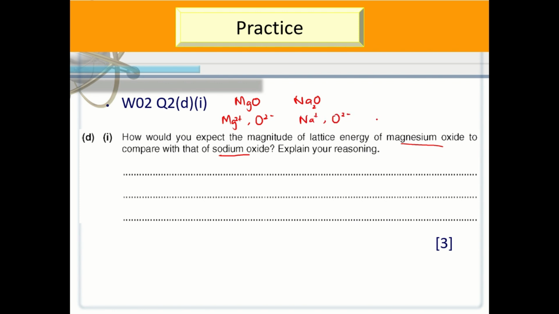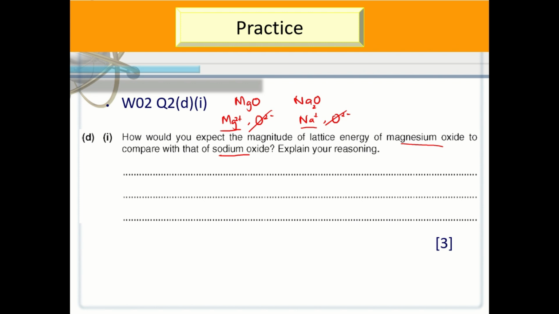These two compounds have the same type of anion, so we are not going to compare the common ion. We'll compare the ions that are different in both compounds, which in this case are the cations, magnesium ion and sodium ion.